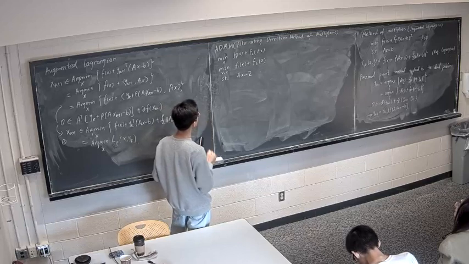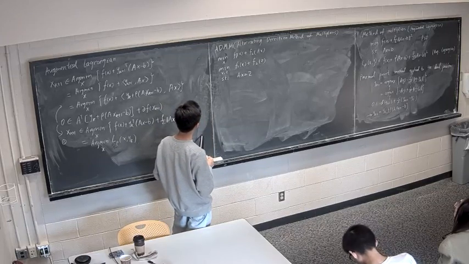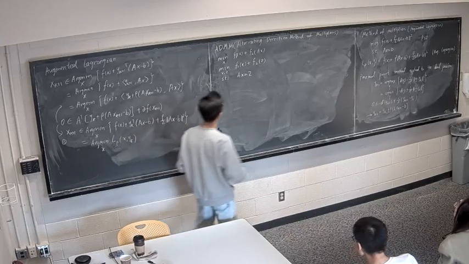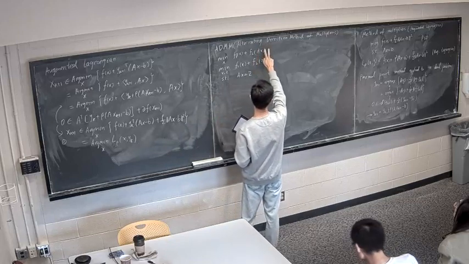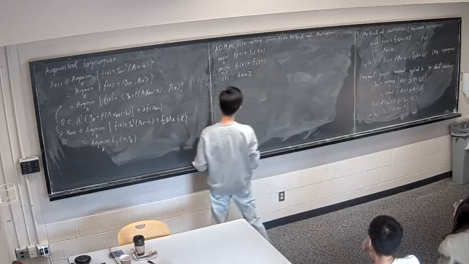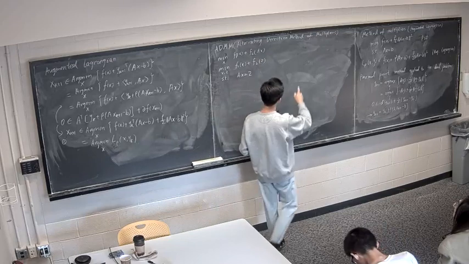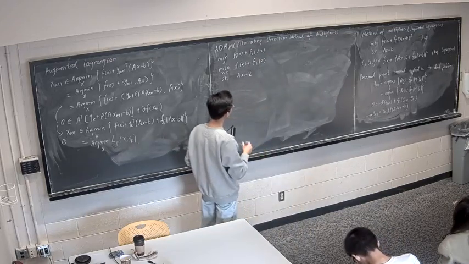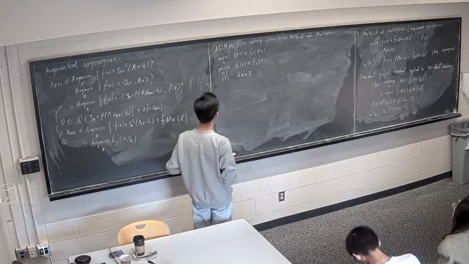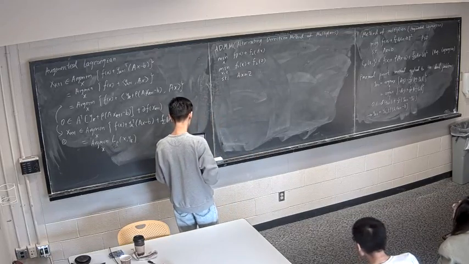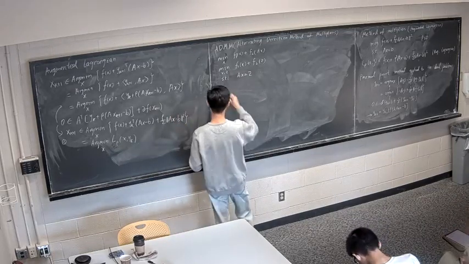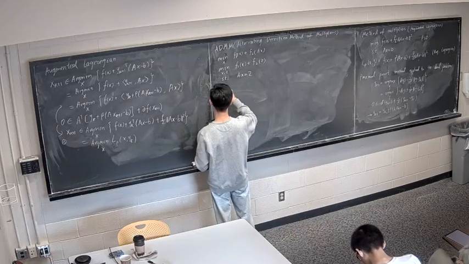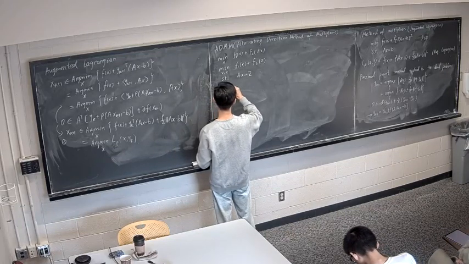As the name suggests, it's a combination of two ideas, right? We do the alternating direction method for minimizing the primal, and we also use the idea of augmented Lagrangian to keep updating both primal and dual iterates. So let's formulate the augmented Lagrangian for this problem.